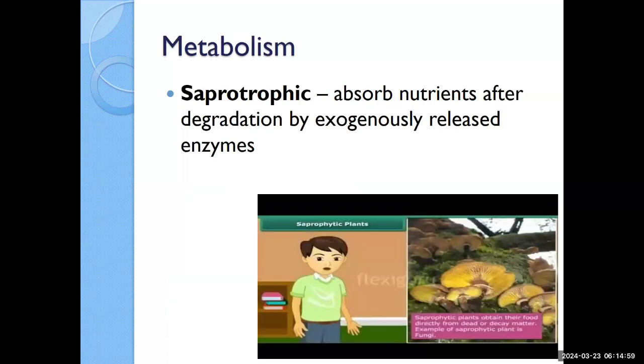I mentioned that the nutritional acquisition of the eukaryotes differs. Fungi are saprotrophic. What this means is they are heterotrophs that eat something else, but they do the digestion outside their bodies.